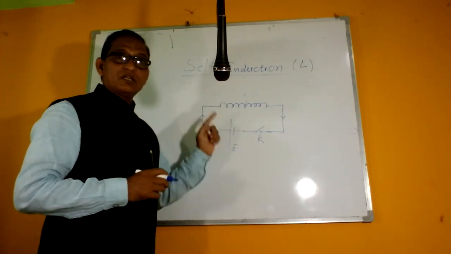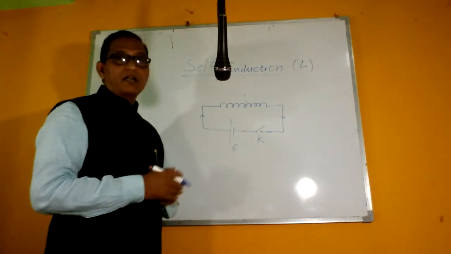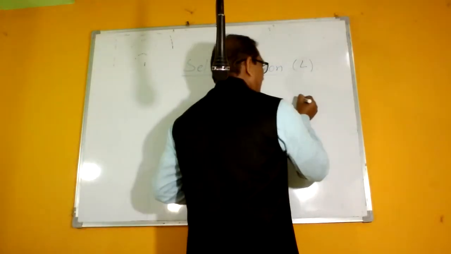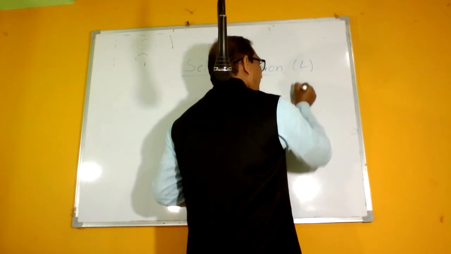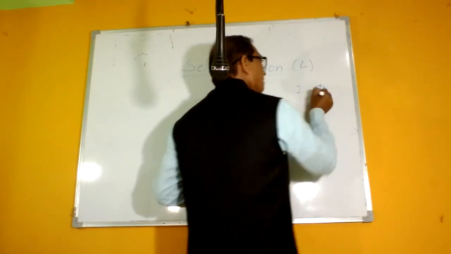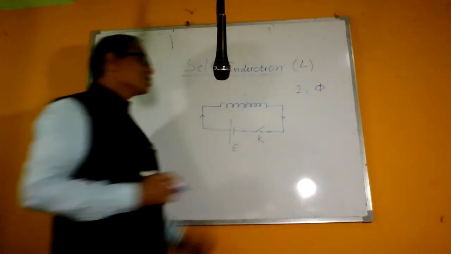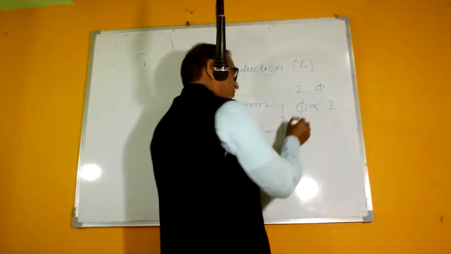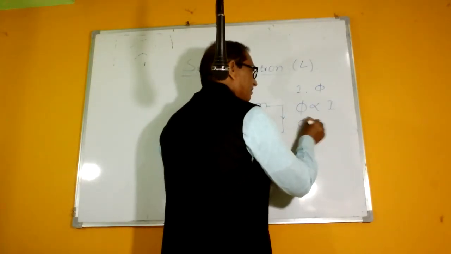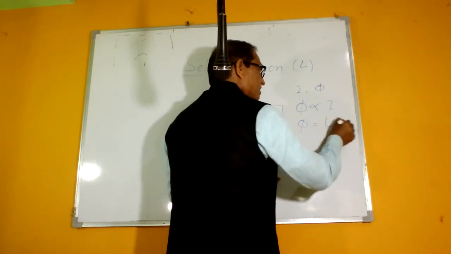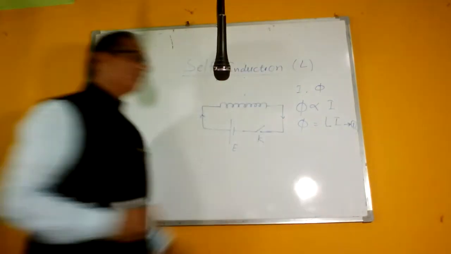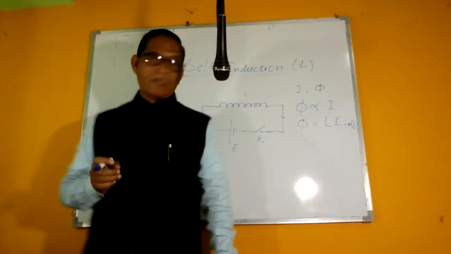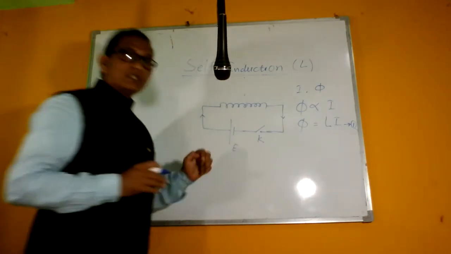So this phenomenon, the production of induced EMF in the circuit because of changes in the current in the same circuit, is called self-induction, represented by L. Suppose the current flowing through this circuit is I and the magnetic flux developed in the coil is phi, so that phi is directly proportional to I. If we remove the proportionality sign, we take a constant, which depends totally on the geometrical properties of the coil.